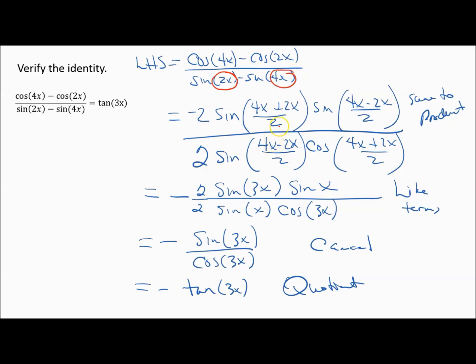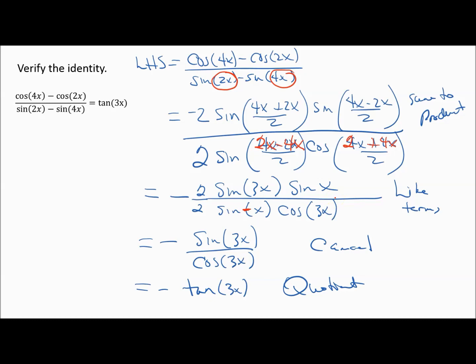So right here, this should have been 2x minus 4x over 2, which when that's simplified, that's 2x minus 4x is a negative 2x over 2, which is a negative x. Here, this is okay. It should still be 2x plus 4x over 2, which is 6x over 2, which gives me 3x.